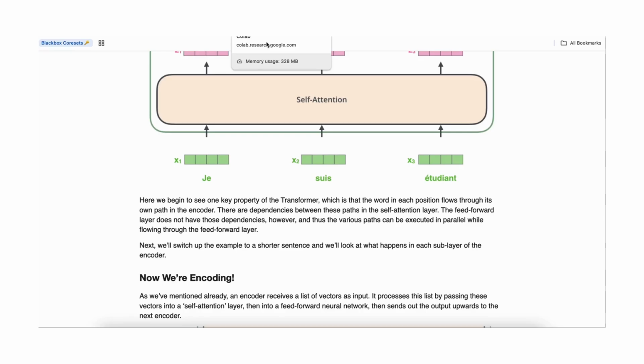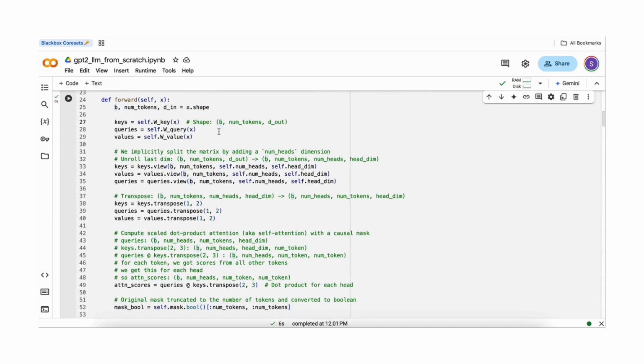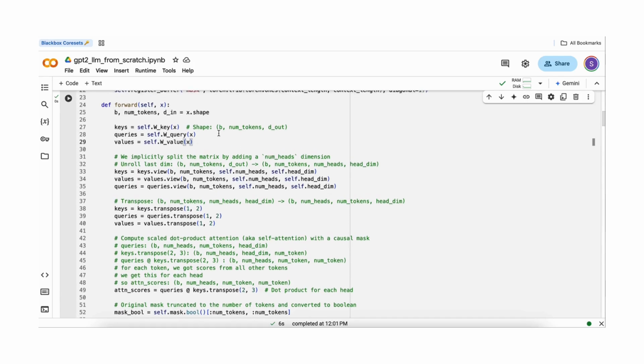Really, the number of batches is 1 in this case, and the number of tokens is 3. So that is the shape of the X vector, and what we will largely do in this video is go through the shapes of these vectors to convince ourselves that we really understand how the attention is implemented.